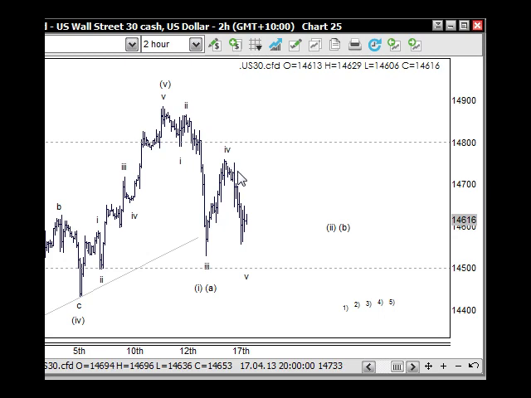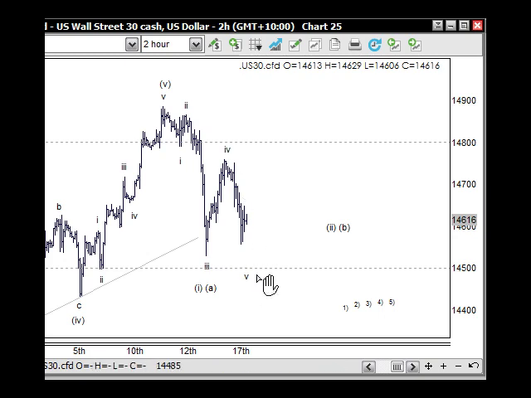But on the cash market, this counts down as 5 waves, and on the cash market, this particular low here, I'll just see if I can do a screenshot of it while we're talking. So this low here on the cash market is below this low here, and that makes it like wave 5 down.